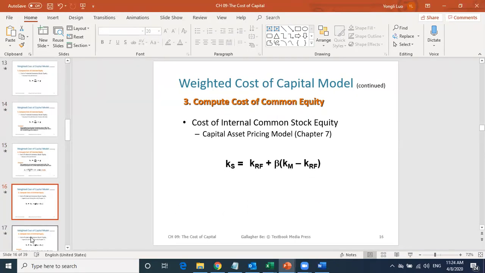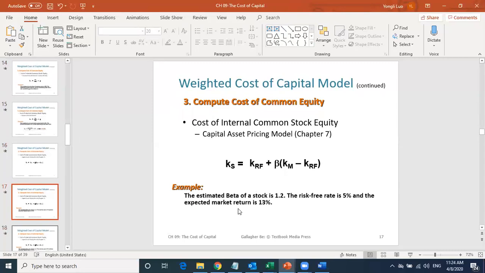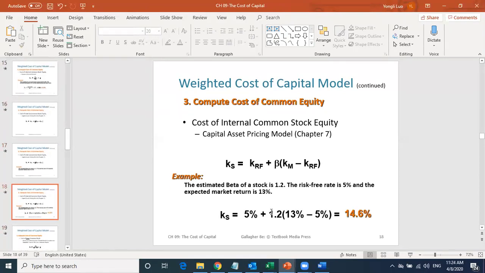For example, the estimated beta of a stock is 1.2, the risk-free rate is 5%, and the expected market return is 13%. You can apply this formula and get the cost of common equity.